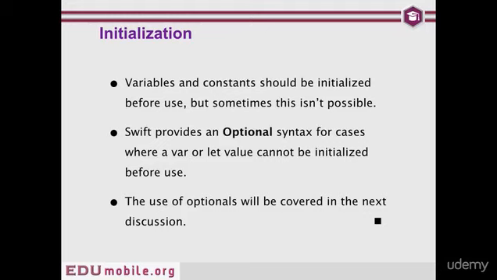So with a variable declaration, sometimes it isn't possible to pre-initialize something. So for this case, Swift provides something called an optional syntax for cases where a var or value of some kind cannot be initialized before it's used. And we'll talk about how those optionals are used in discussion 2.